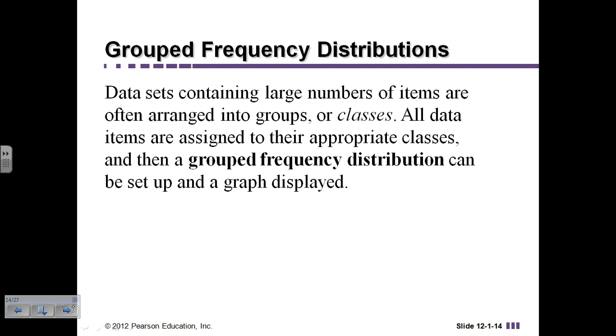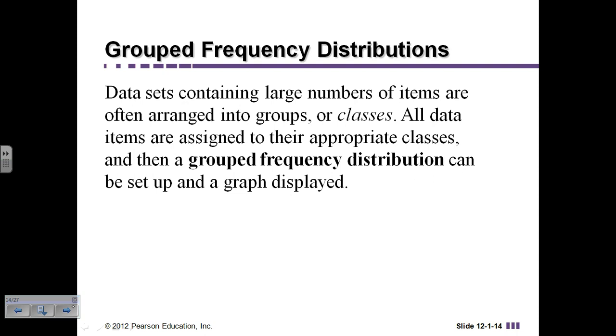So then another way that we could group information is what we call a grouped frequency distribution. And this works well when you have large amounts of data, and it might not necessarily be reasonable for you to plot a different point for every single person in that group.